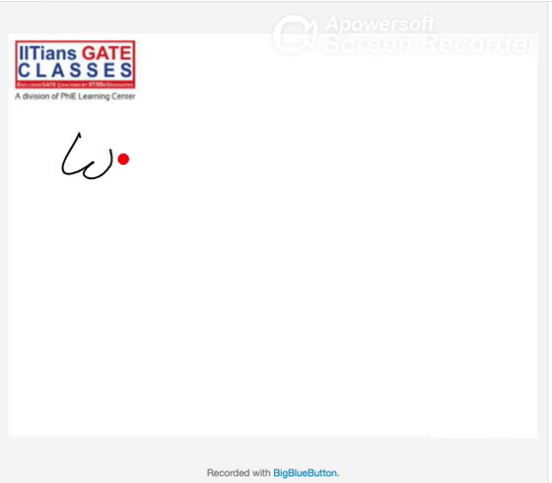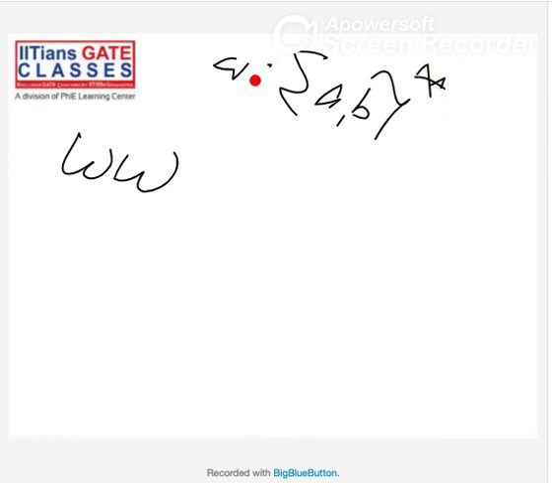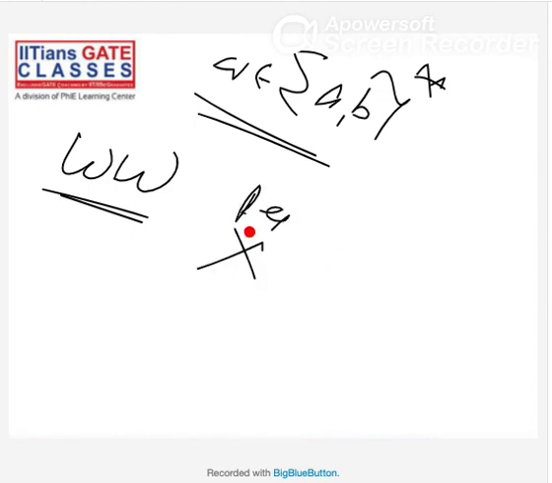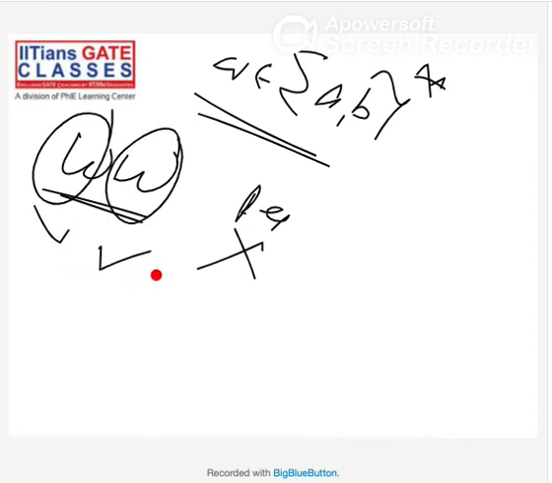Okay. This WW, let's assume W belongs to (A+B) star. This WW we have already seen. This is not CFL, and this is not regular, because here you need to do the matching. The first half you need to match with the second half. This is not a CFL because, as we have already seen, a PDA cannot do this.